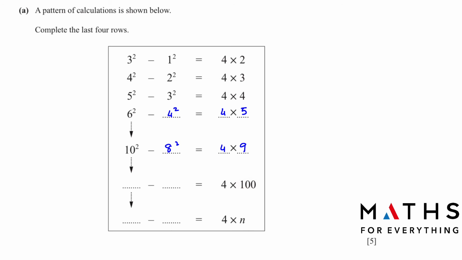So I'll multiply by 101 square. And we already figured out that this is going to be 2 less than this number. So 101 minus 2 will give us 99. Check in the calculator, is it giving us the correct answer? Yes, it gives us 400.